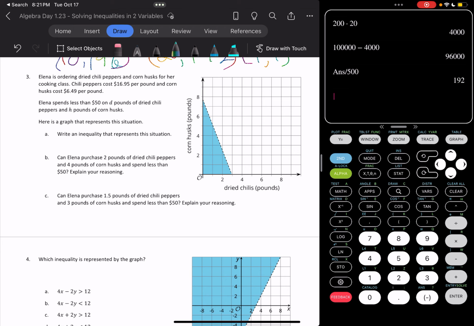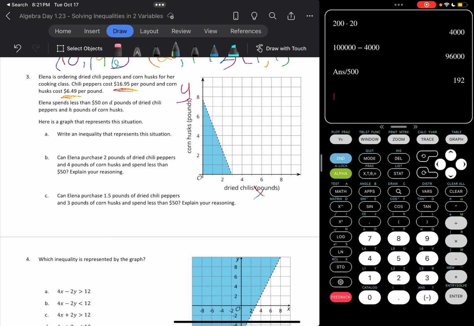All right, number 3. Elena is ordering dried chili peppers and corn husks for her cooking class. Chili peppers cost $16.95 per pound and corn husks cost $6.49 per pound. All right, so notice chilies are x, corn husks are y. That's important.